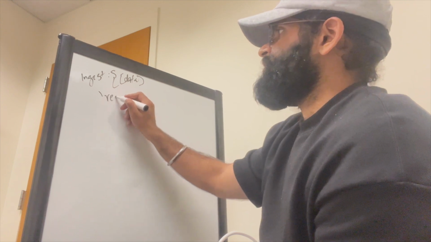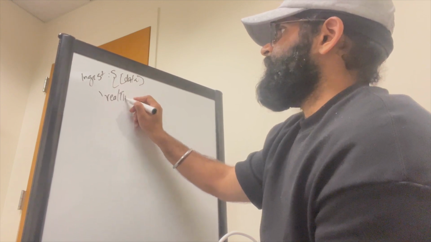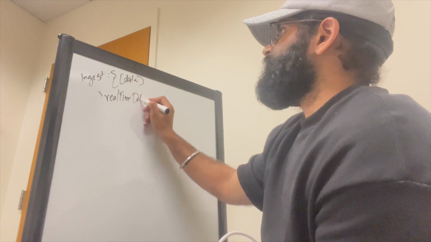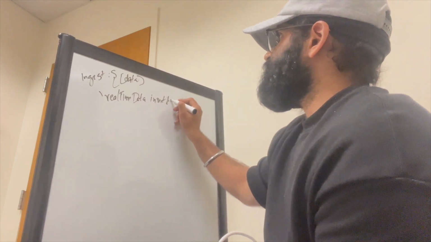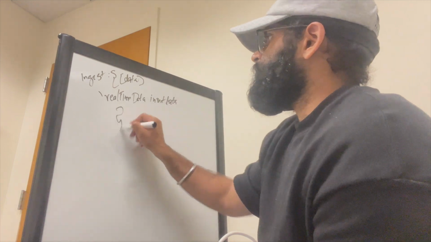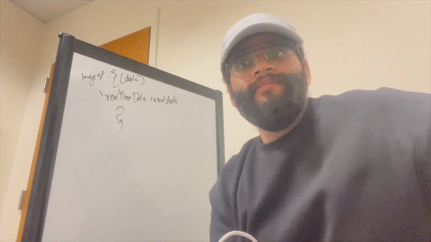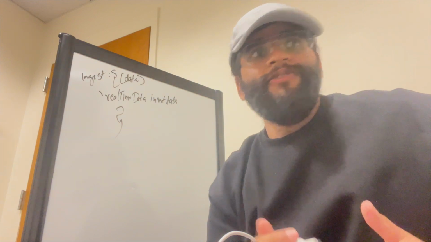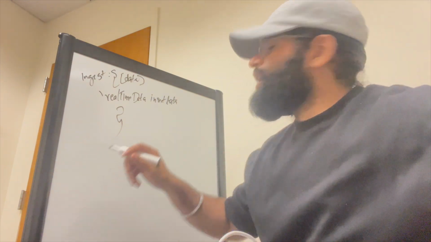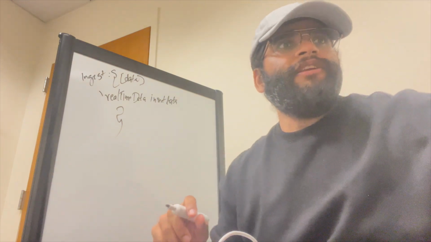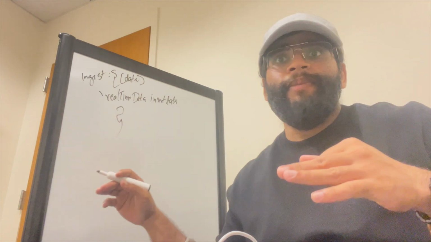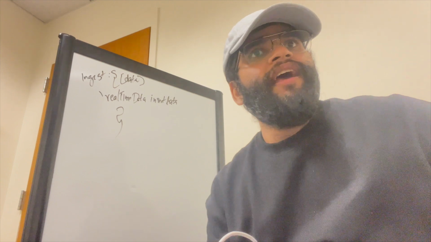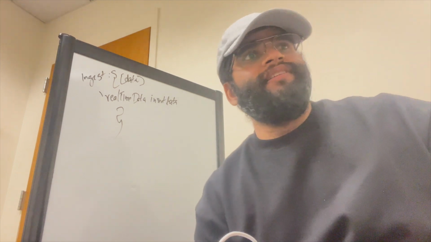Let's say your database name is real-time data, and you just insert the data. This was the code. So this is your function, and after the function, this takes the function argument and then the parameters. The rest of it are just the parameters that it takes, and yeah, this is basically it.